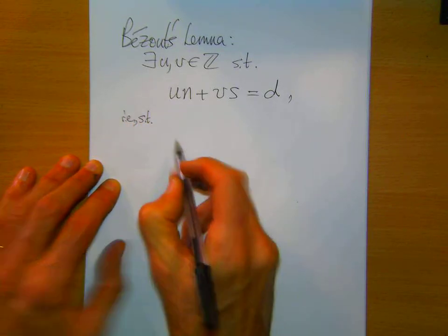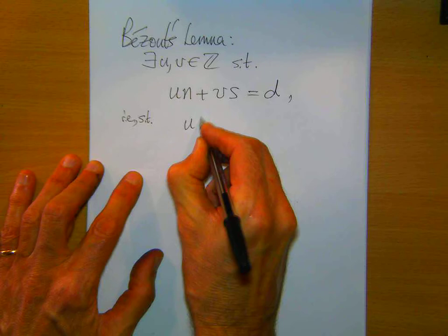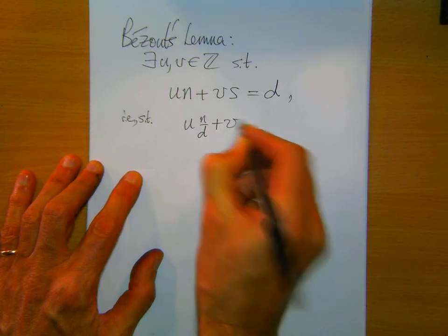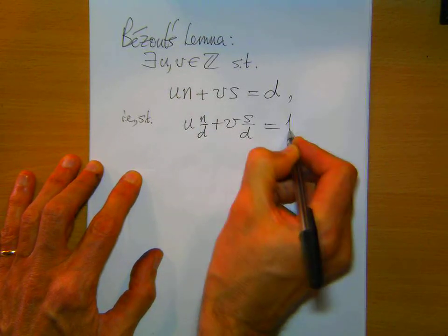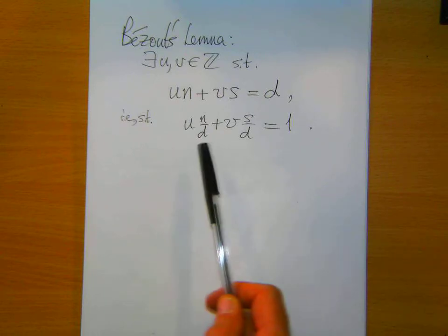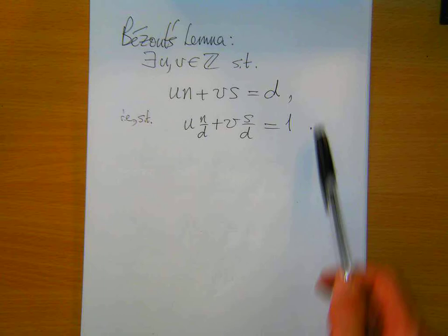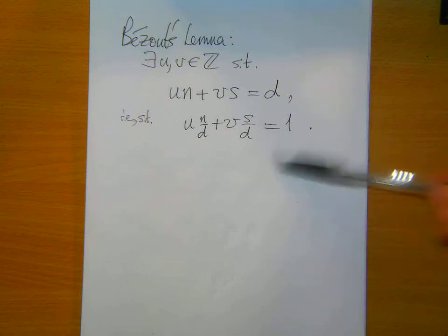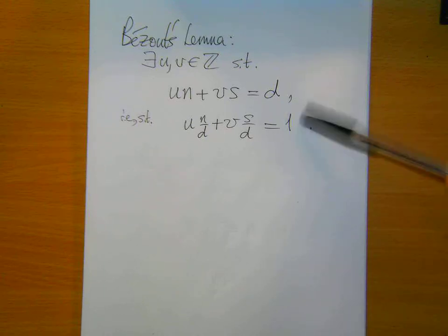So that means that u times n over d plus v times s over d is 1, just dividing both sides by d, which is a positive integer. And this says that n over d and s over d are co-prime.